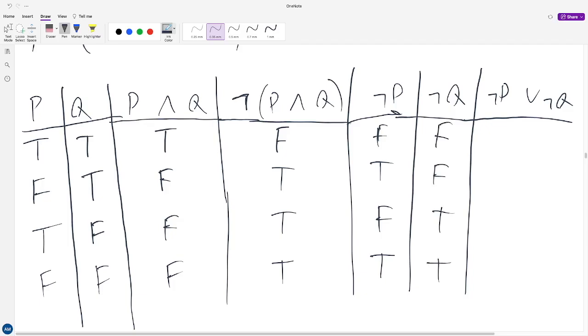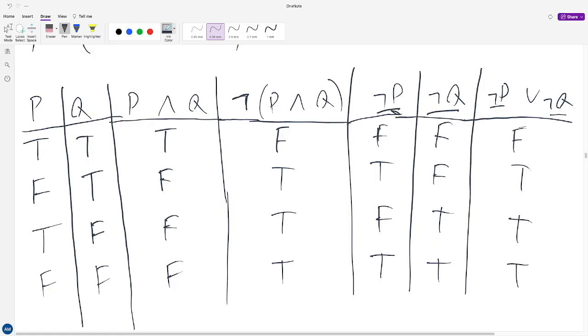Then remember, the or is true if and only if at least one of not P or not Q is true. So if we look at the not P and not Q columns, at least one of them is true here, and here it's false.